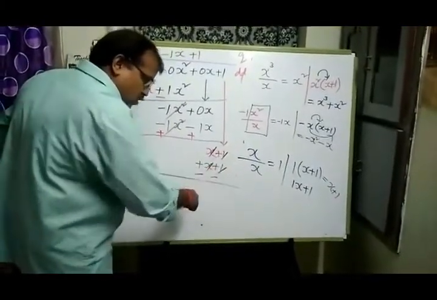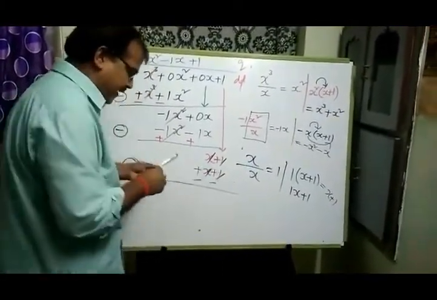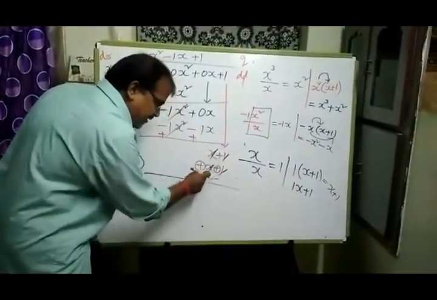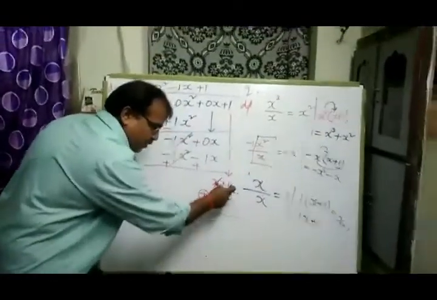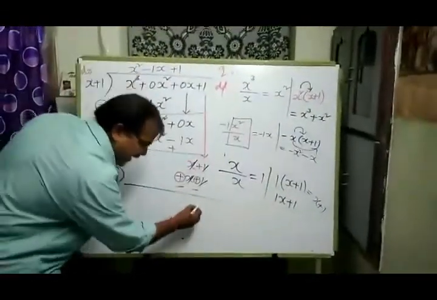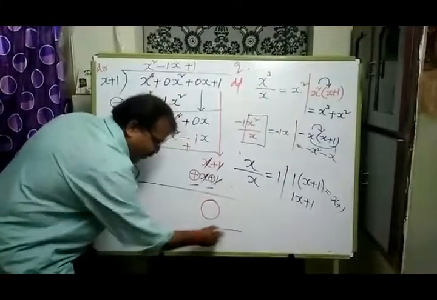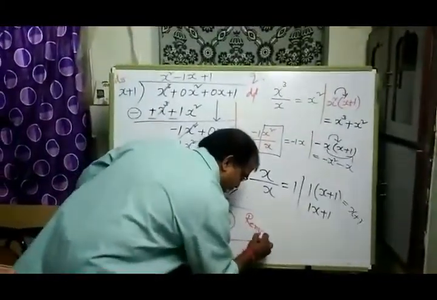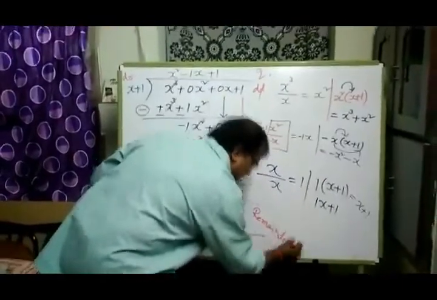Plus 1 and minus 1 will be 0. Forget about this sign. Finally, the remainder will be 0. Remainder 0.